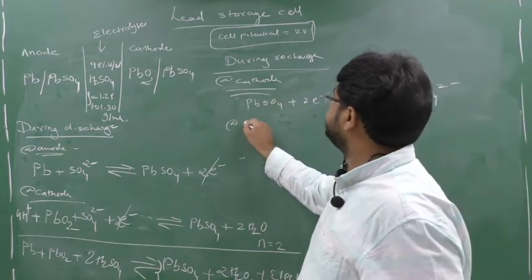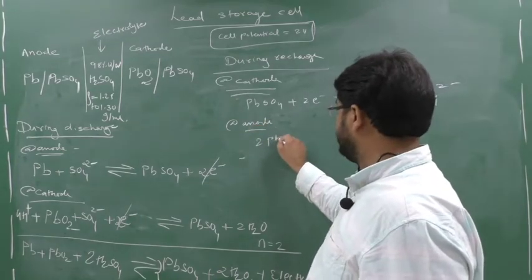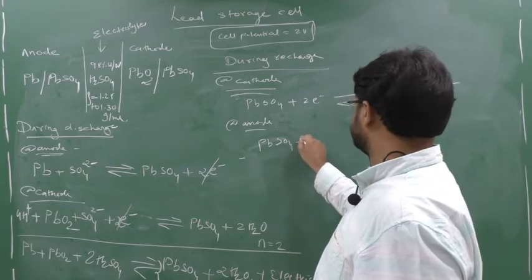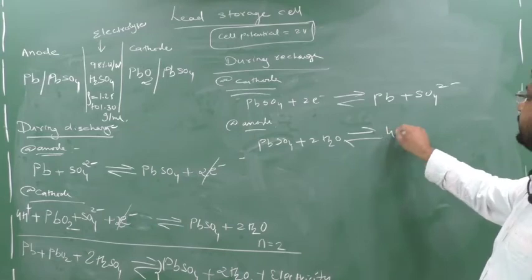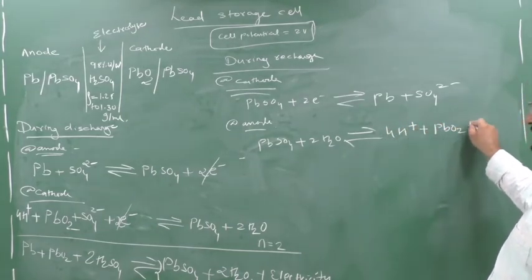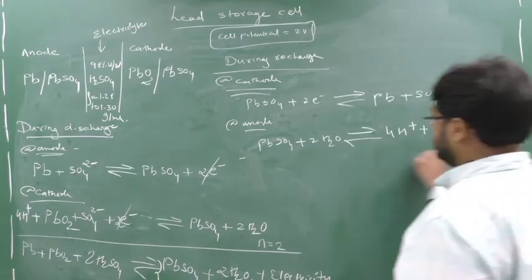Now at anode. At anode, what is the reaction? At anode, 2 PbSO4 plus 2H2O will give what? 4H plus PbO2 plus SO4 2 minus plus 2 electron.